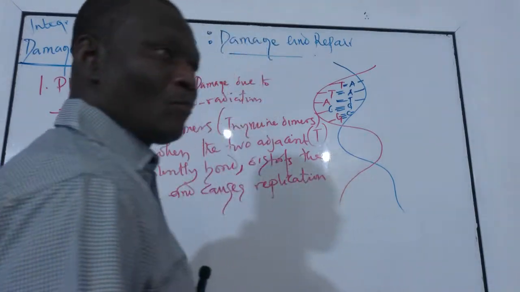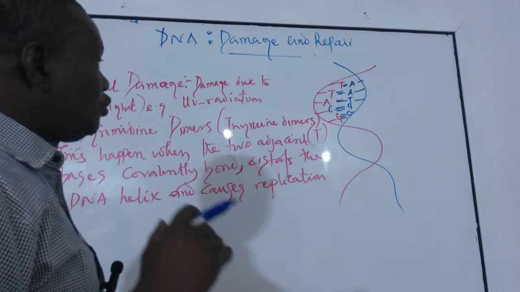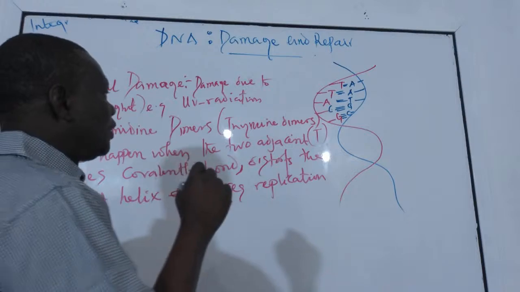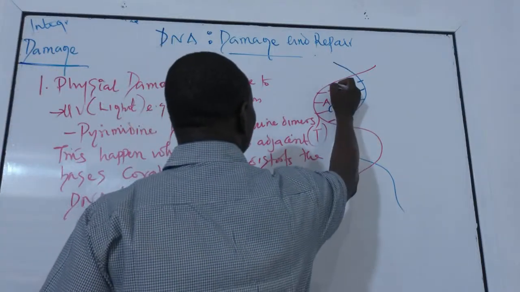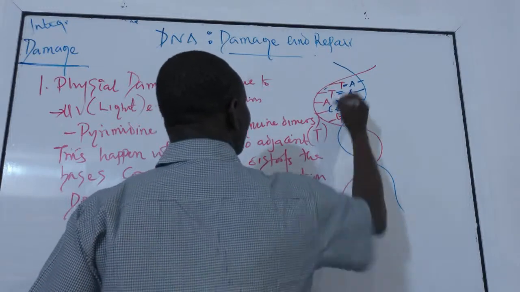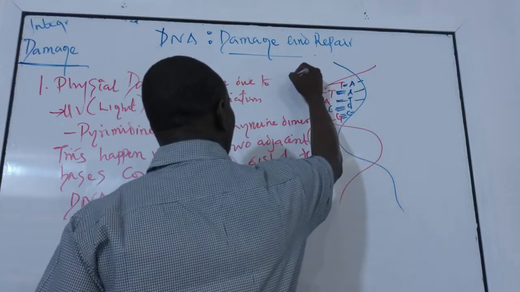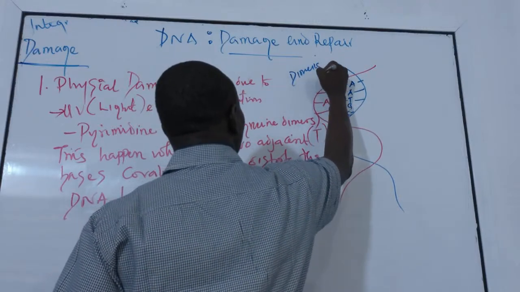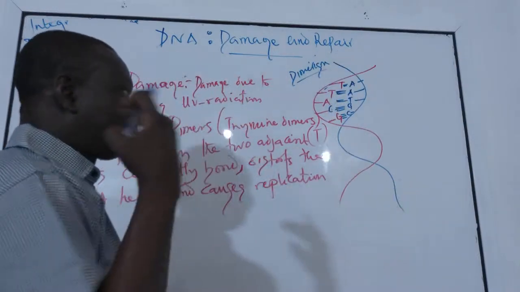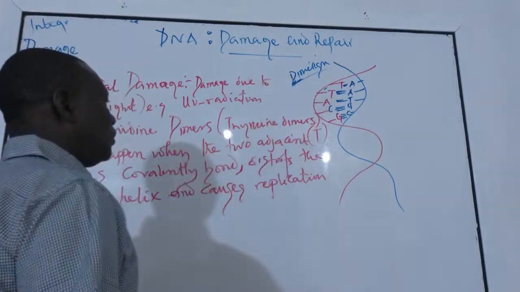Now, under normal circumstances, if you remember very well, even in chemistry, double bonds are prone to form what is called a dimer when two double bonds interact with each other. So because it is a double bond, it is prone to dimerism.